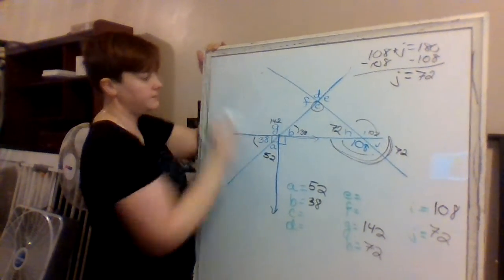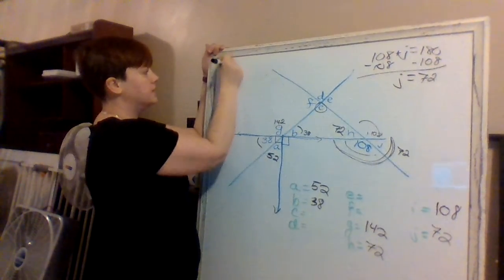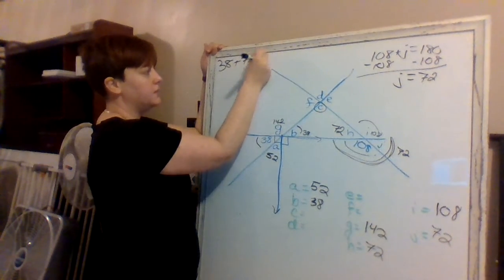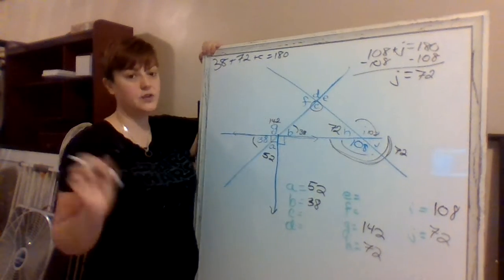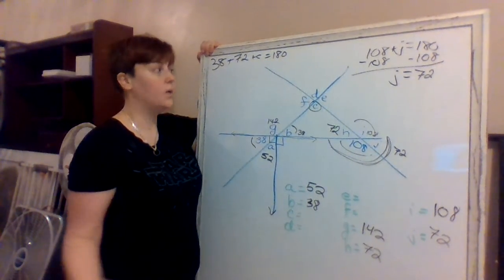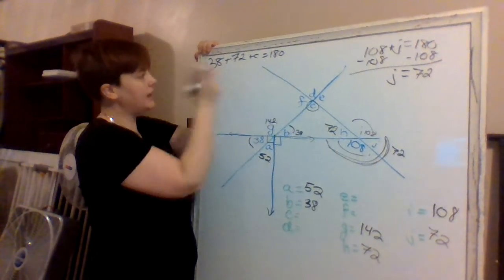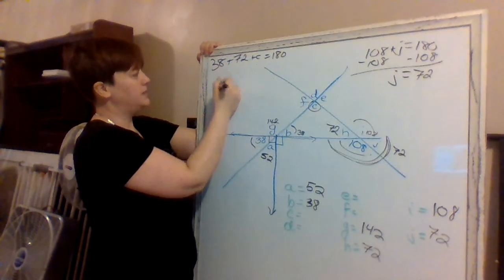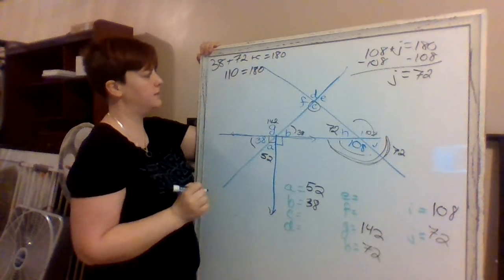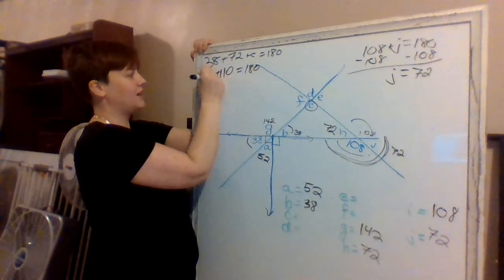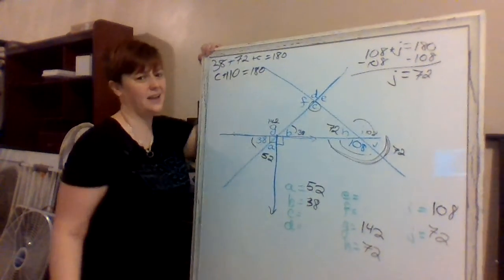Because 38 plus 72 plus C is going to be 180 degrees. All of the angles inside of a triangle will add to be 180. So 38 and 72 is going to be 110. So that's 180 degrees. No, that's not right. Sorry, plus C. I forgot that. Like I said, it's morning. I haven't had my coffee yet.